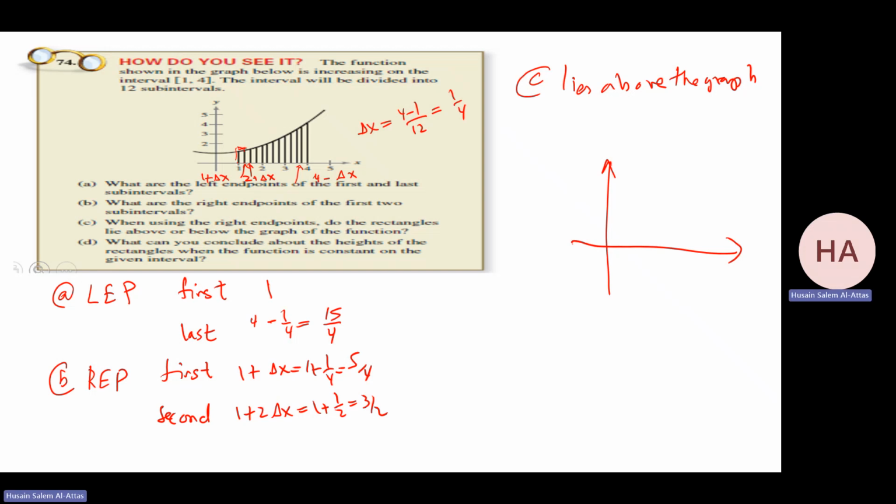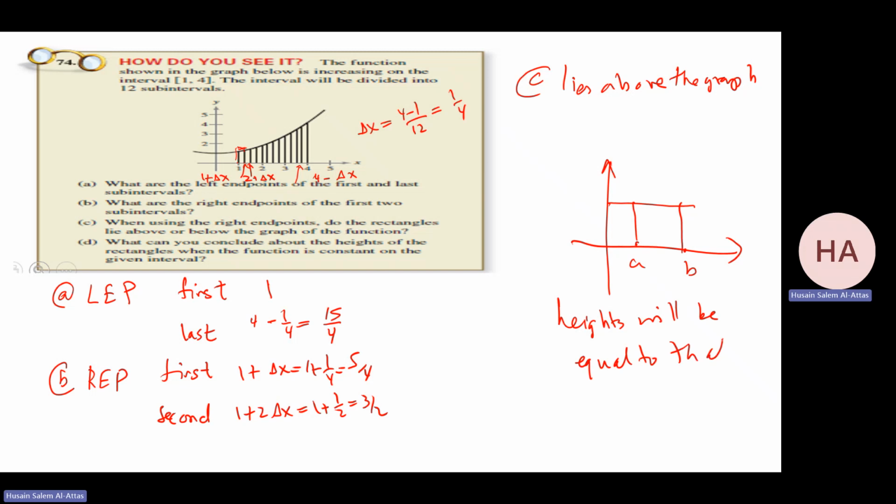Assume I have a constant function between a and b. So the height will be the same, equal to that constant.